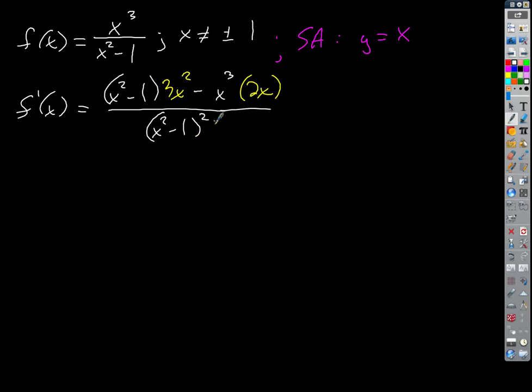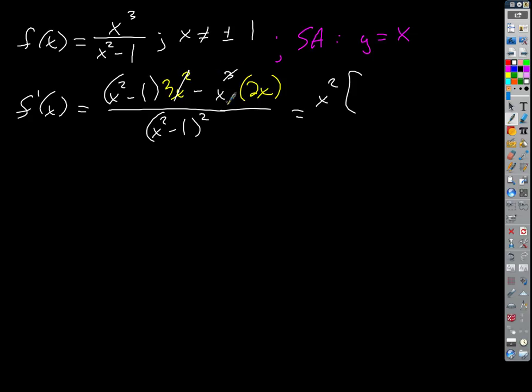Okay, good. So if we simplify, what are we going to get here? I could factor out an x squared, couldn't I? Right, on the top. So if I take out an x squared, what am I going to be left with? So that's going to go away, and I'm going to end up with just an x over here.